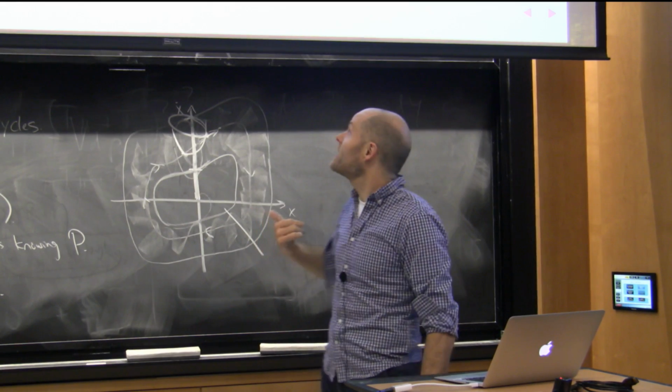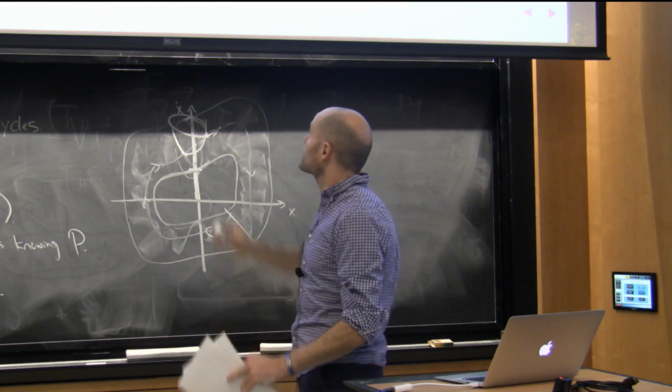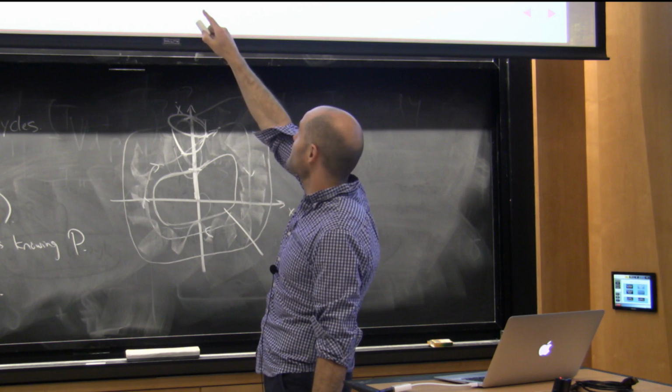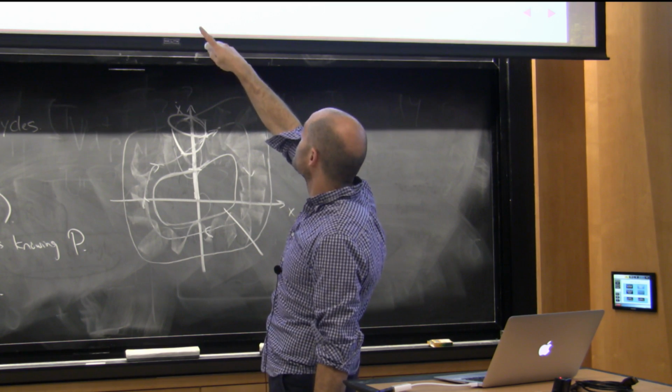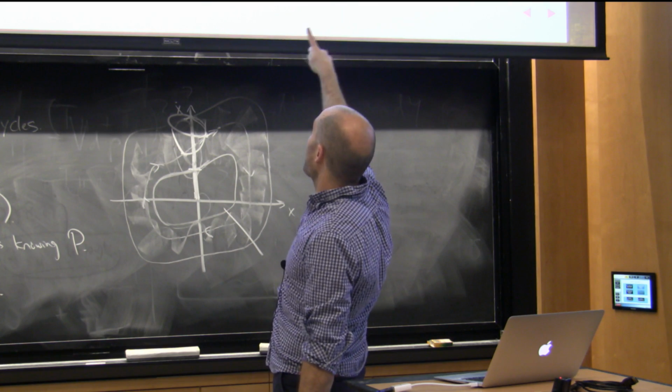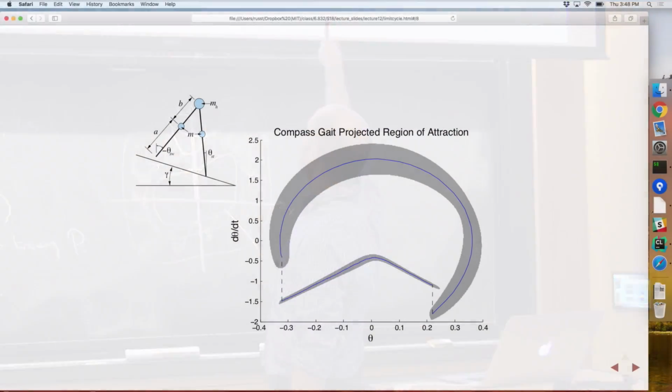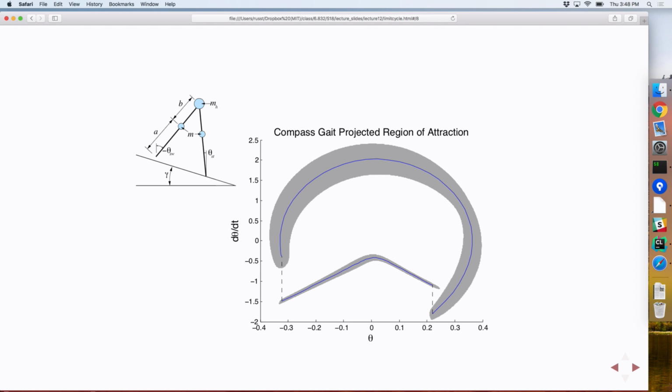For the compass gait, the nominal trajectory, which I realized I forgot to put in my next slide last time, I forgot to draw it, but this is the swing leg going across the top. It covers this huge blue arc out of state space. Then there's an instantaneous collision. It turns into the stance leg, moves around, instantaneous collision, goes around again.